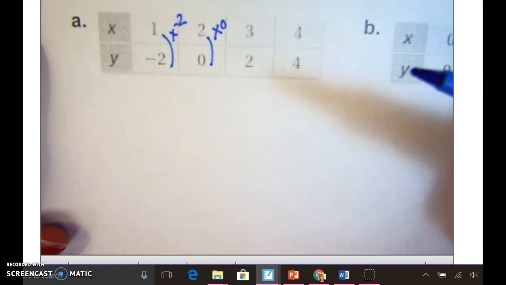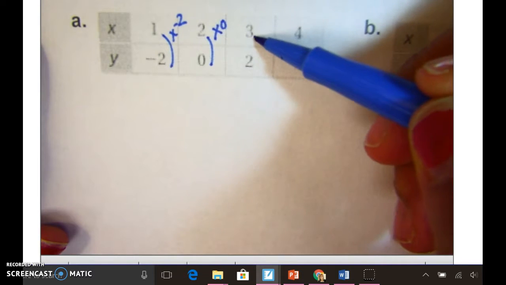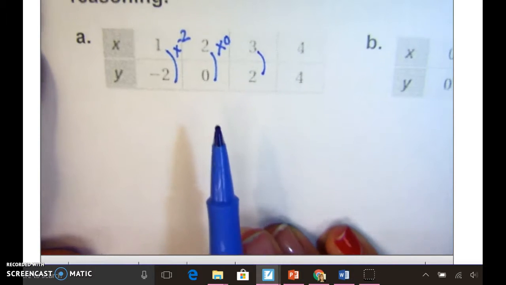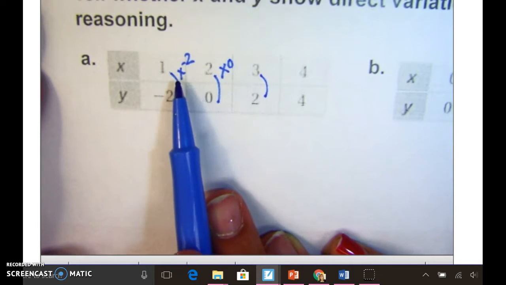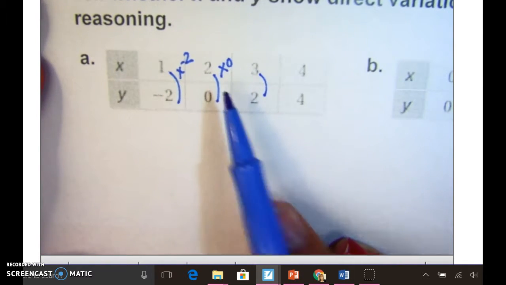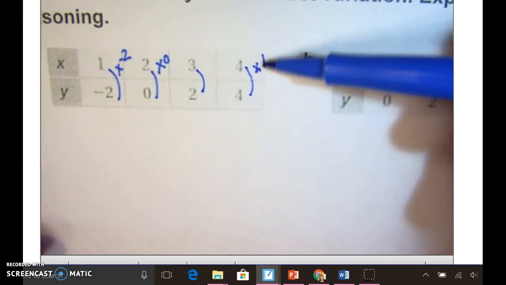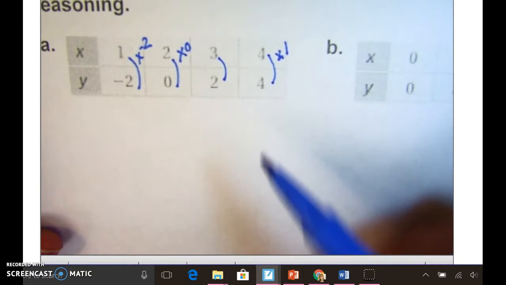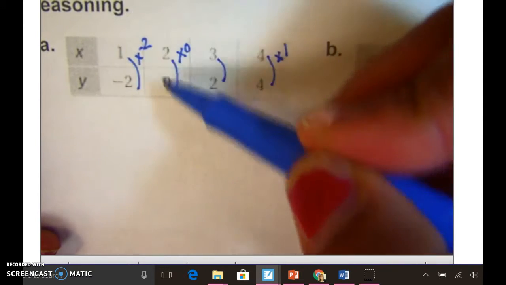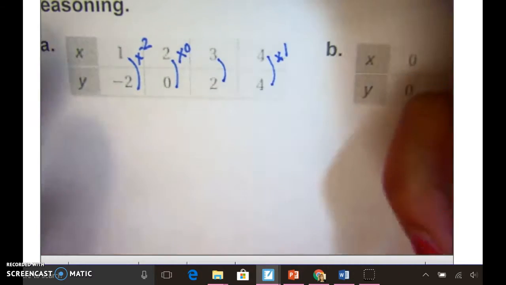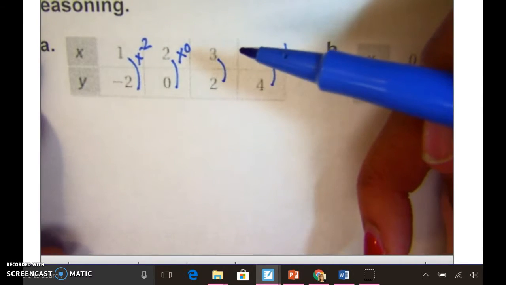What could I do to 3 to get 2? What you see is that it's changing each time. In order for it to be direct variation, you should be doing the same thing each time to x to get your y. That's what it means to have a direct relationship.